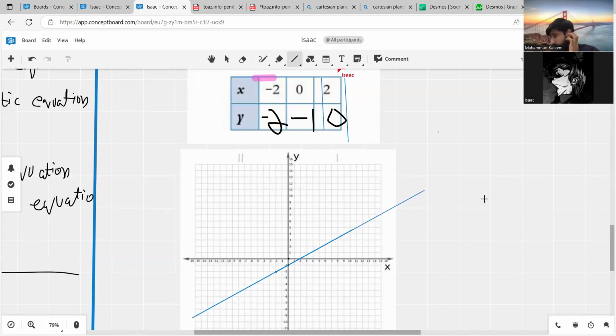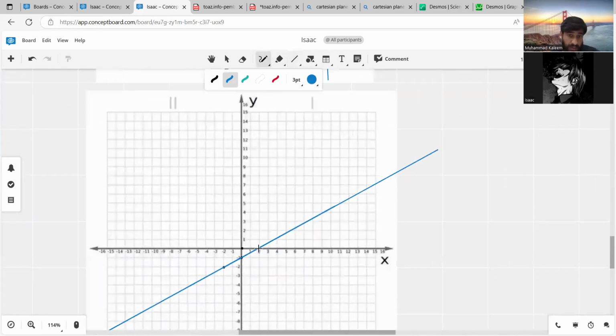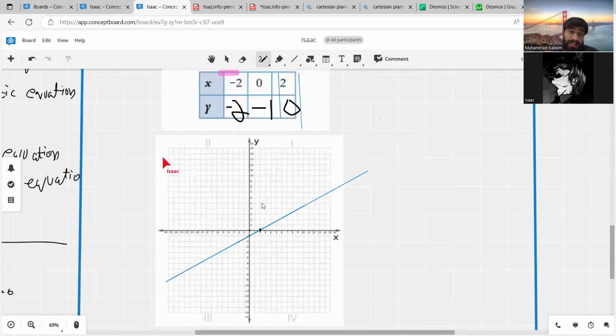Identify it. It's zero. Yeah, y is 0, but x is 2 here. Don't you think this point is here? And it makes sense? This is 2, 0, right? Because x is 2, y is 0.